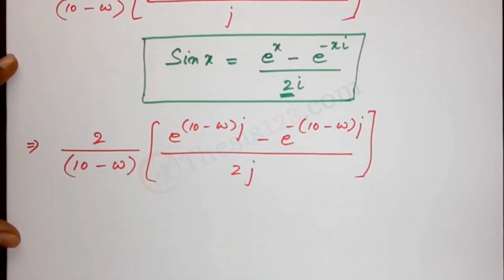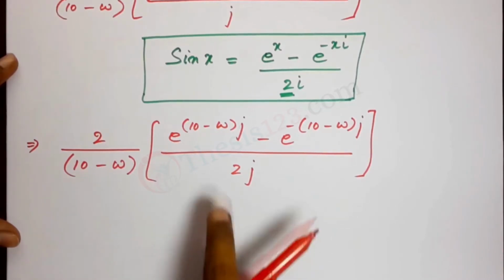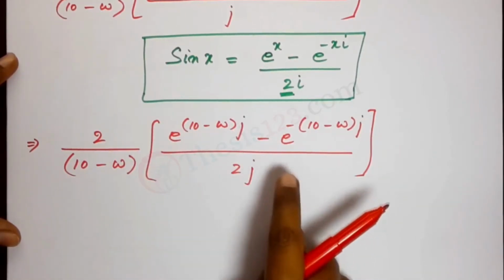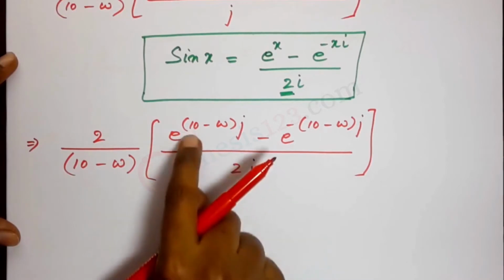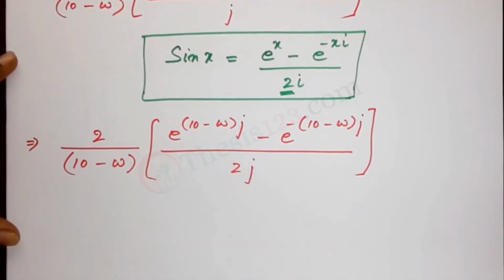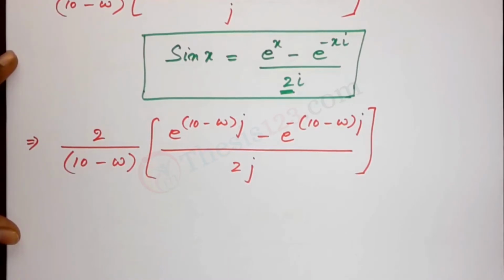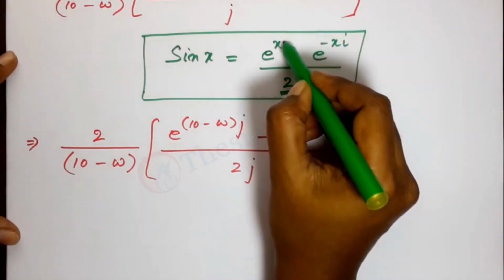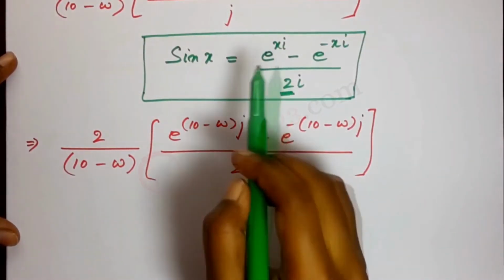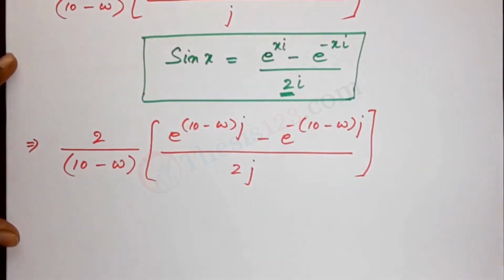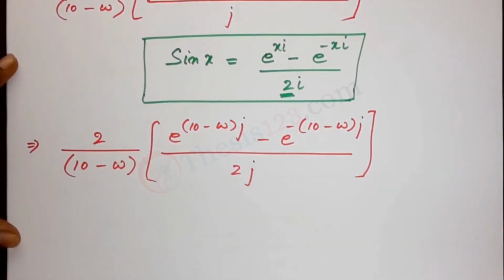Multiplying and dividing by 2. Now this entire term can be turned into sine of 10 minus omega. But here's the thing. We need to make sure. Oh, I think I missed out a j over here. Please note. Yeah, my bad. So that's a jx. Okay. Right. Back to the equation here.